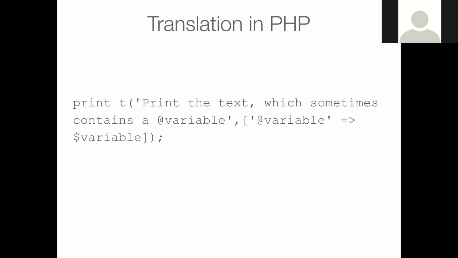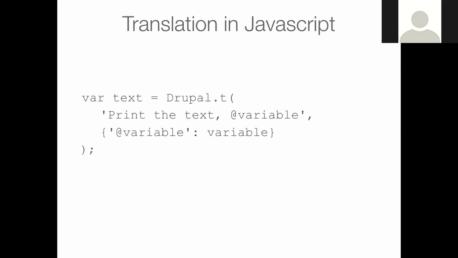In PHP, the syntax for creating a translatable string is the same. So we're using the T function. And if we have variables, we can pass those in an array to the T function as well. And then in JavaScript, we can also use the same interface to make our text translatable.